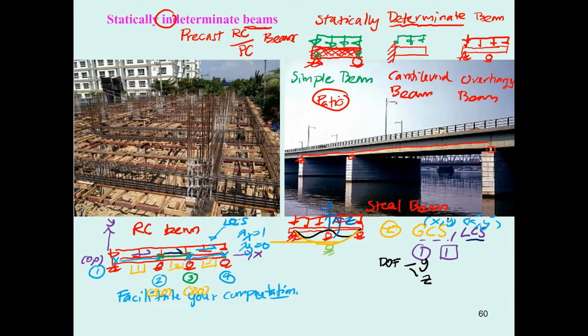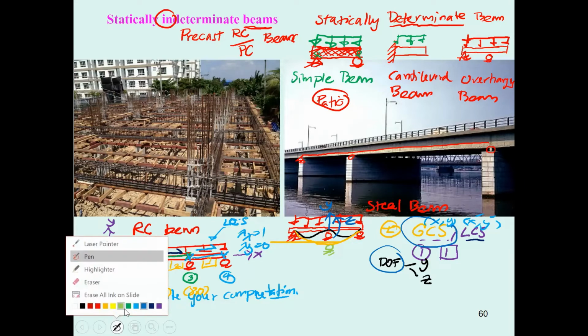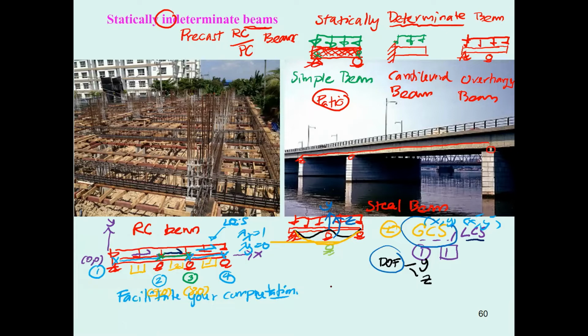So following the global coordinate system, the degrees of freedom are classified in the y-axis direction. The degrees of freedom can also be classified into unconstrained degrees of freedom and constrained degrees of freedom.